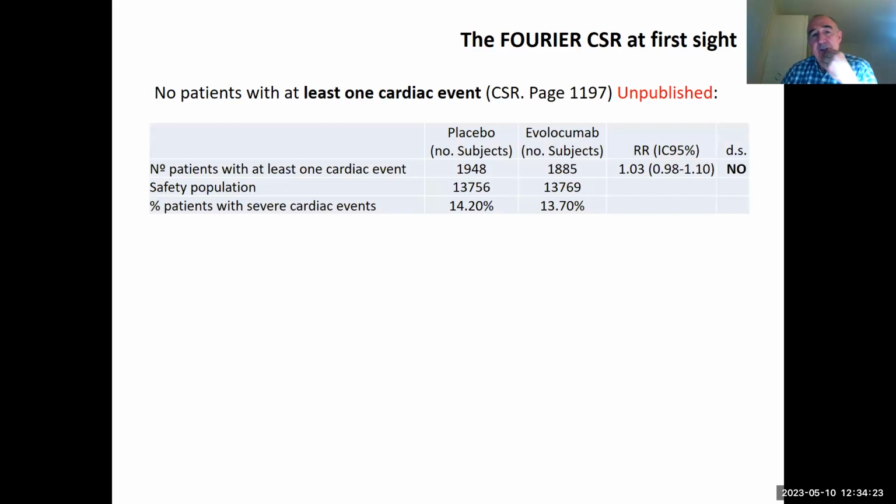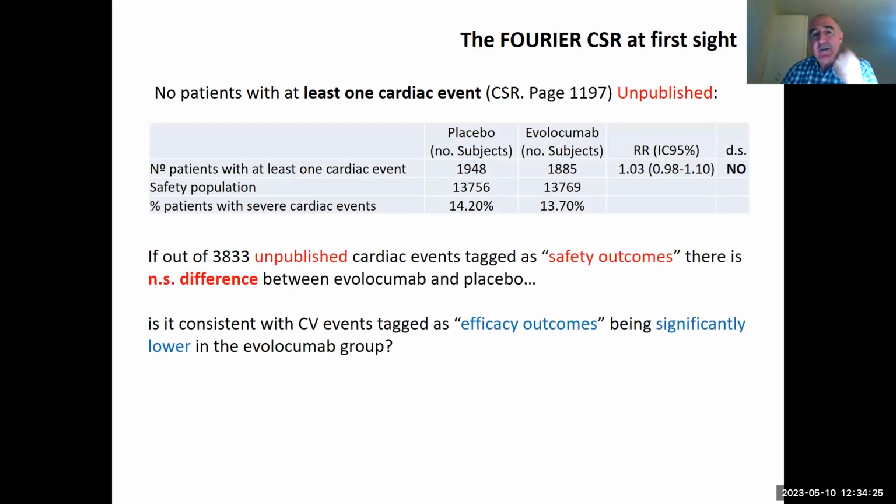There was no difference. So this means that out of almost 4,000 unpublished cardiac events tagged as safety outcomes, there was no difference between groups. So our question could be, is this information consistent with cardiovascular events tagged as efficacy outcomes being significantly lower in the evolocumab group?